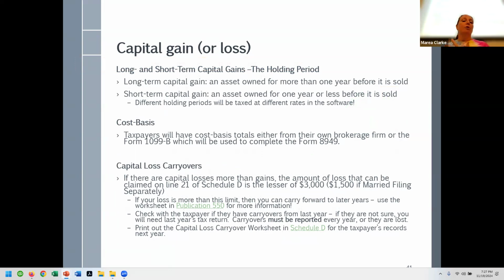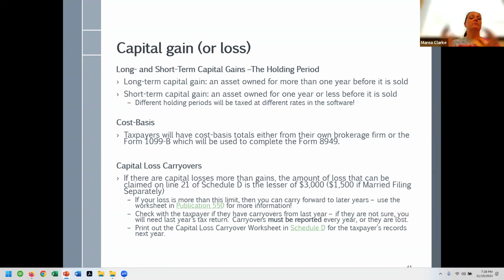For most stock transactions or capital gains transactions, especially from a brokerage, the brokerage itself will track what did you buy it for, what did you sell it for, how much money did you make or not. So we generally don't have to do any of that math, or the clients don't have to do that math. It's kind of already done for them.